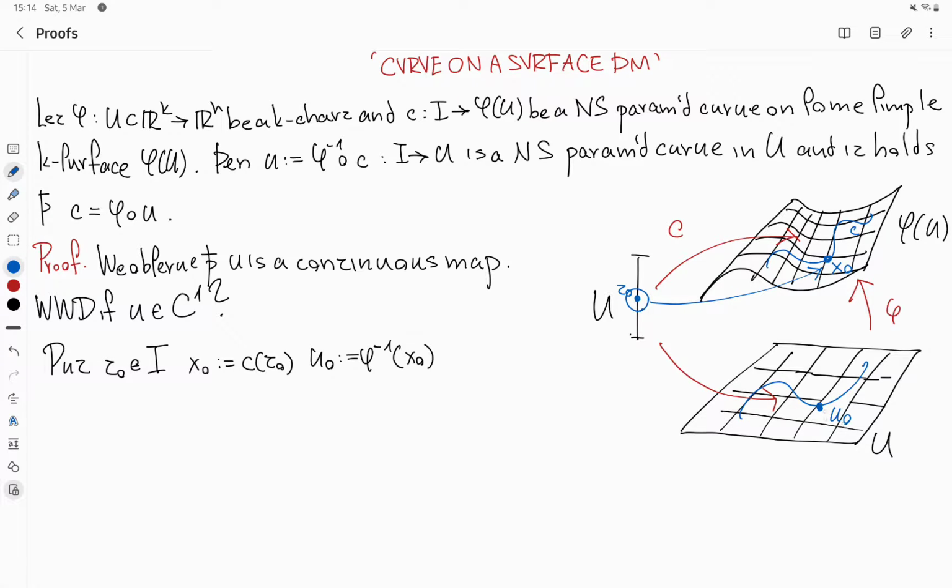We put u0. Right, finally we define pi to be some projection, projecting the n-dimensional real space into the k-dimensional real space.